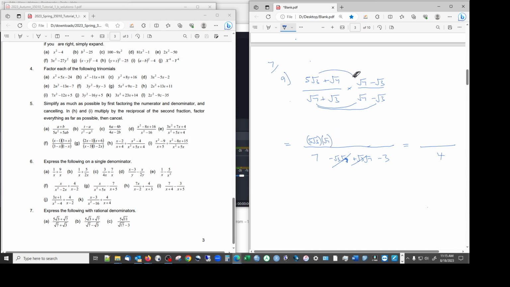Then the next term, that was that one, and then the outside is minus root 3 times 5 root 3. Then the inside is root 7 squared, so it's just going to be plus 7, and then root 7 times minus root 3. I think that's right.